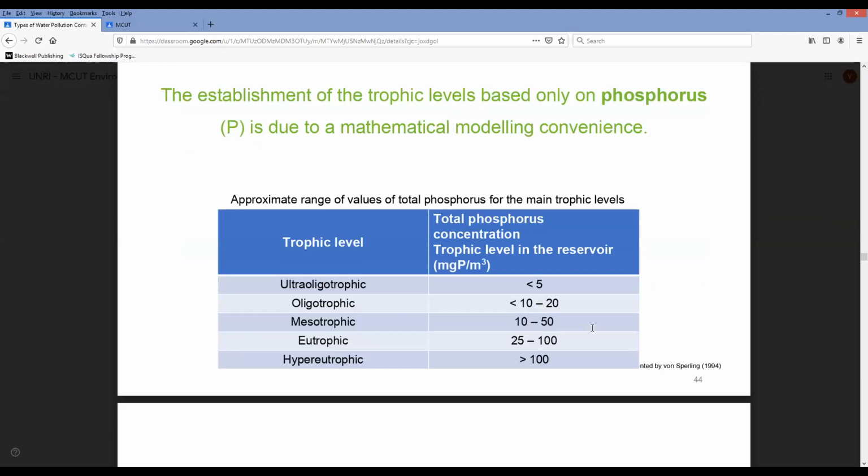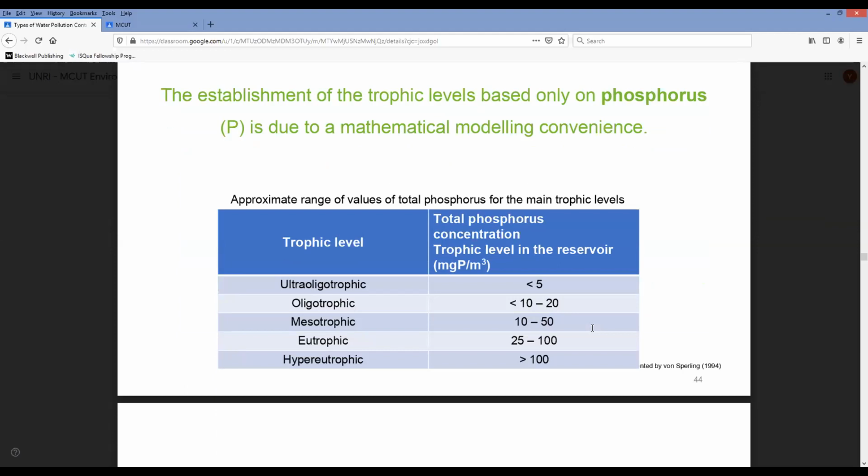Okay, and then this is the establishment of the trophic level based only on the phosphorus. It is due to mathematical modeling convenience, because some researchers try to model the quality of the lake using a mathematical model.